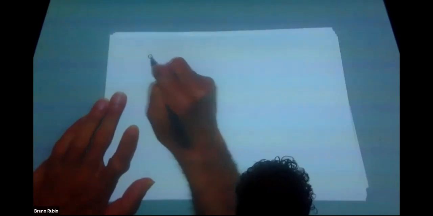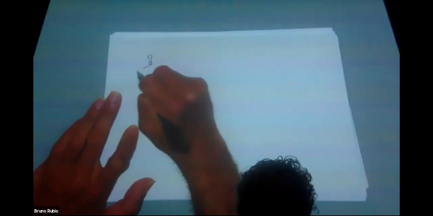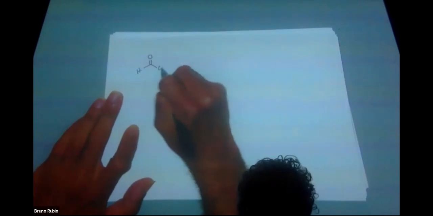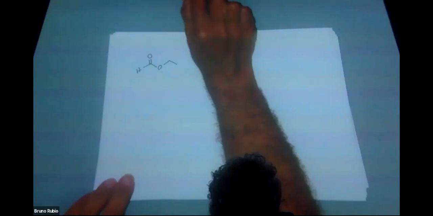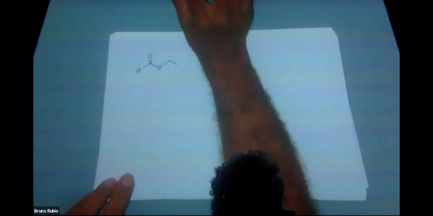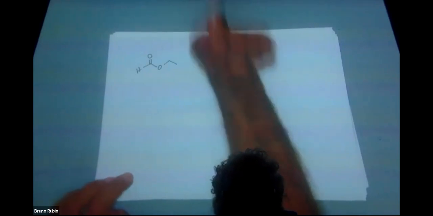All right, so something like this. So tell me, how many signals? Tell me in the chat. Let's look at this molecule. And first of all, let's see how many signals we are going to get.